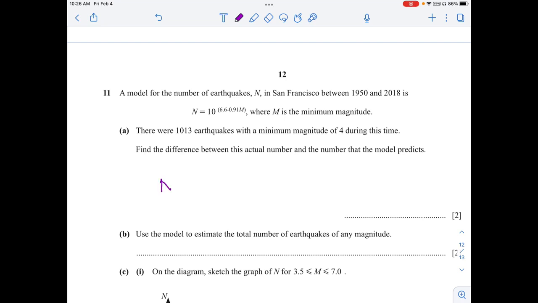So N is equal to 10 to the power of 6.6 minus 0.91 times 4. On the calculator this gives you 912. So the difference is 1013 minus 912, which is 101.